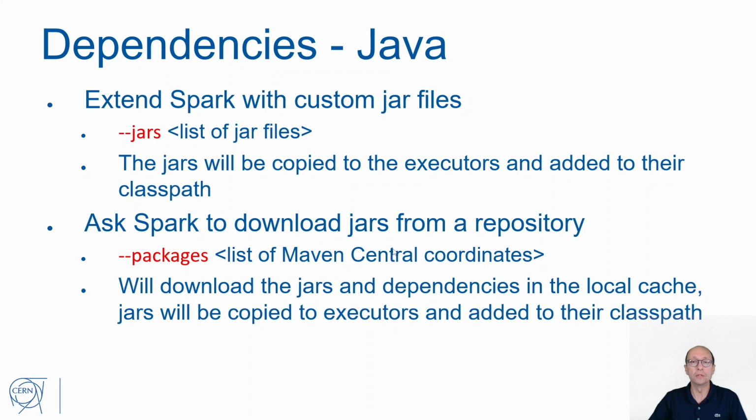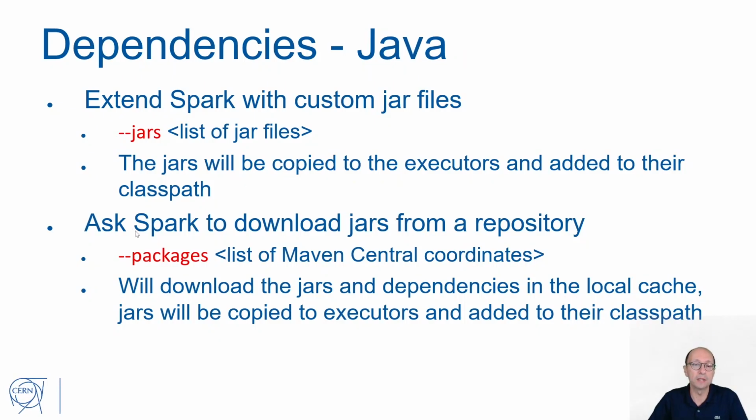Okay, now I want you to see how you can set dependencies for Java. Let's say you need to add some custom jar files to extend the functionality of Spark. And then this can be done simply with the --jars configuration option, and then the list of jar files. The jars will be copied to all the executors and added to their class path.